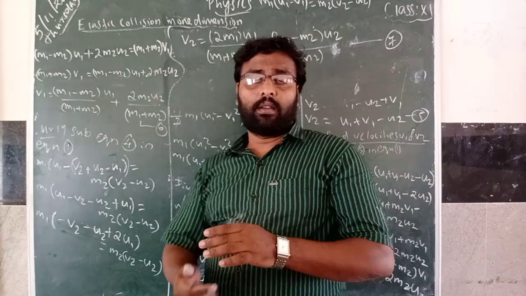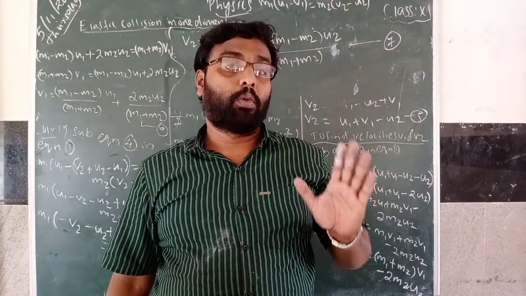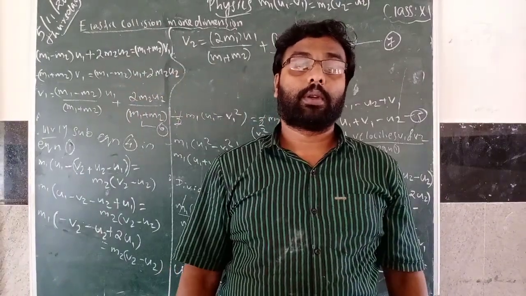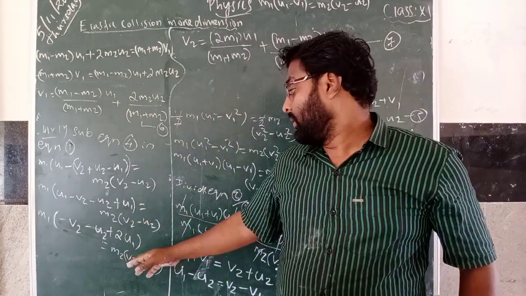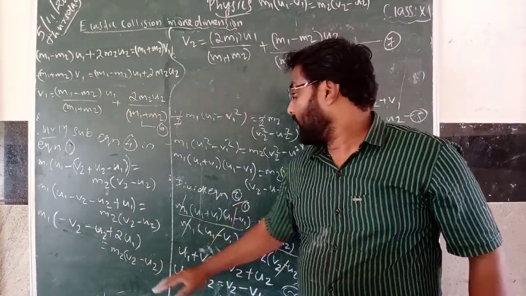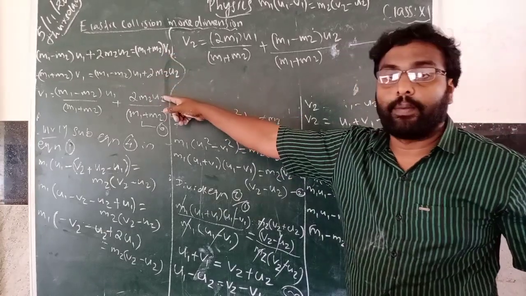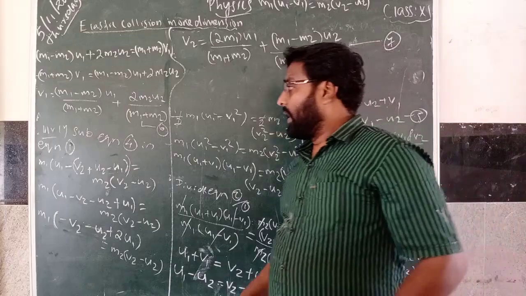So you will get V1 and V2 in terms of masses. Okay, this is the elastic collision in one dimension derivation. So remember that here you have to follow the same step which we followed here. So you will get this answer.